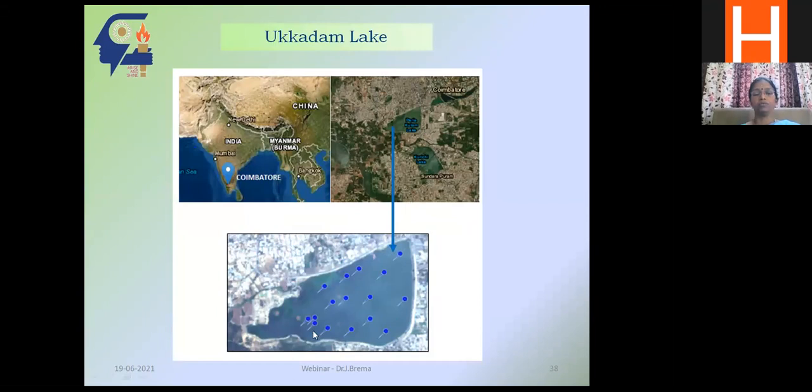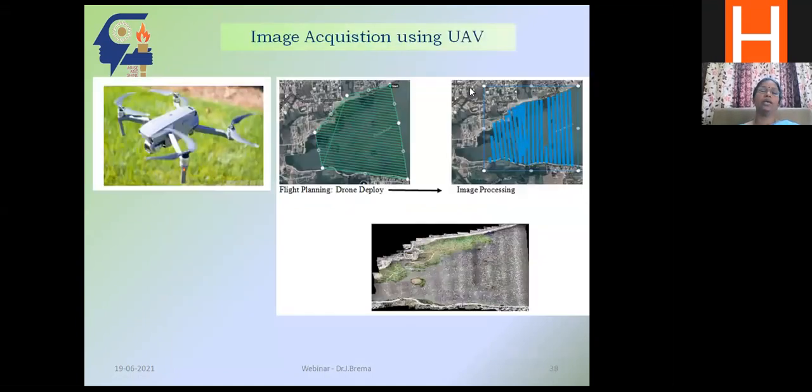These blue points are some of the sample points. We took samples on the same day as we got the satellite imagery, so as to correlate the values. And again, we have used a UAV to get similar data as the satellite image, because we wanted to understand the effect of spatial resolution.